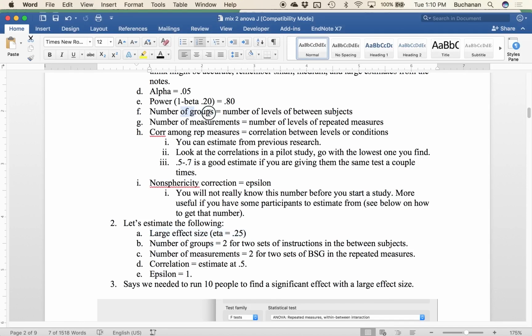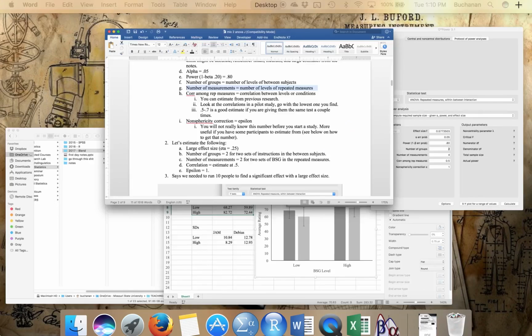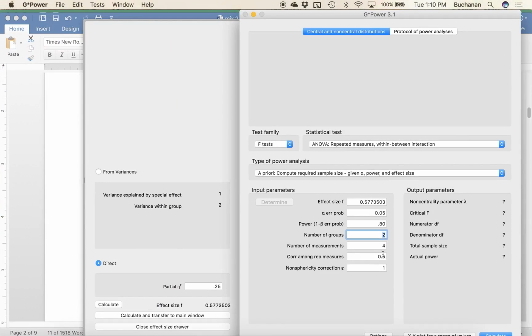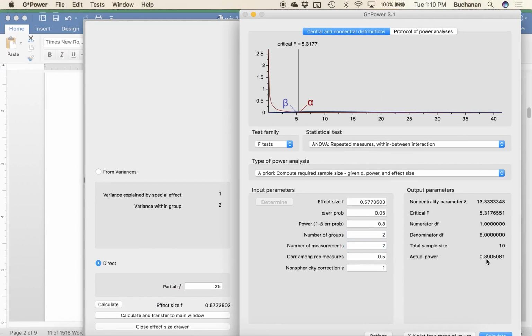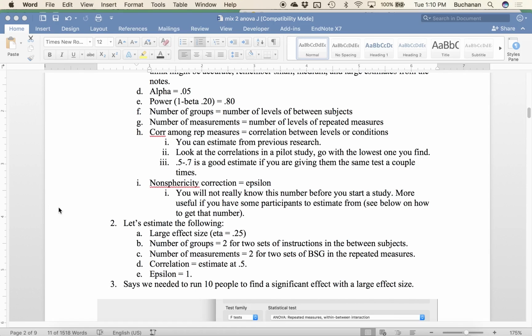Our number of groups here is the number of levels for our between subjects variable. Our number of measurements is the number of levels for our repeated measures variable. Okay, so 2 by 2. And actually, denominator, yes, okay. So it's a 2 by 2. Our correlation among repeated measures, we can leave as 0.5.